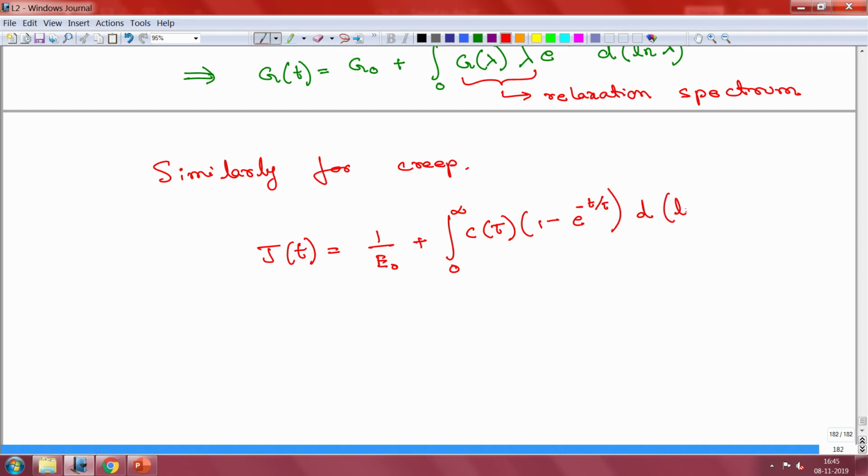And this particular function here is also called the retardation spectrum. Now, once you go into this retardation spectrum, into this generalization, you can no longer use a finite combination of springs and dashpots to model this kind of a system.